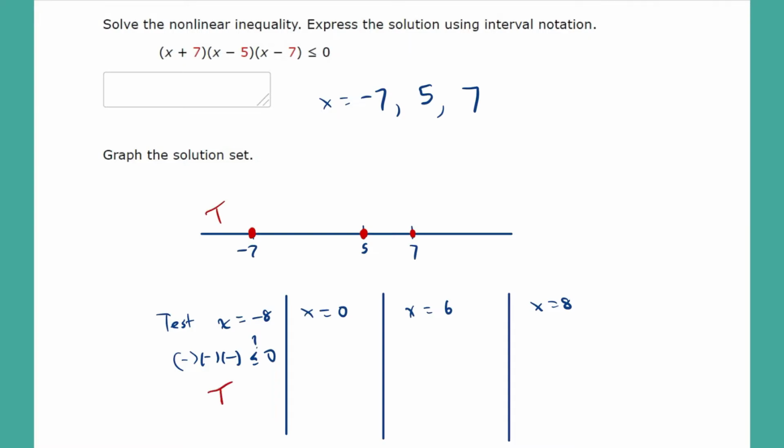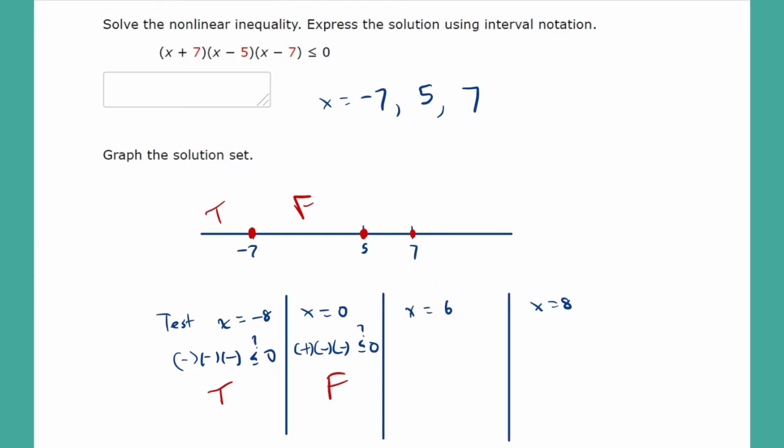All right, same thing. Plug in 0 this time. That's going to be a positive times a negative times a negative, which will be a positive, which is false. It's not less than 0.